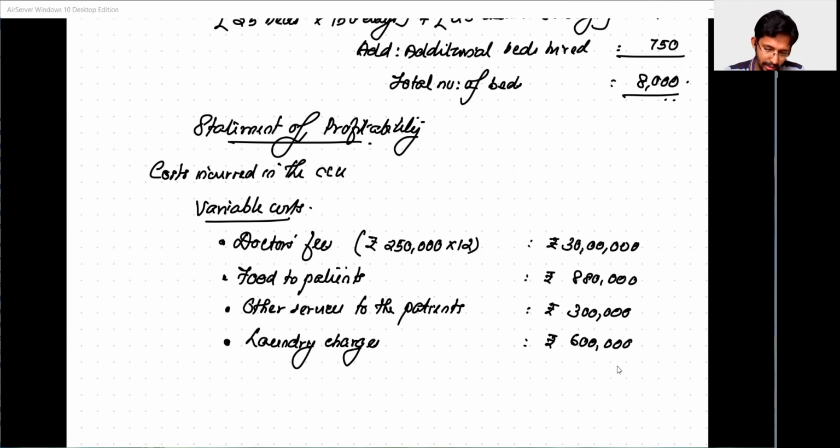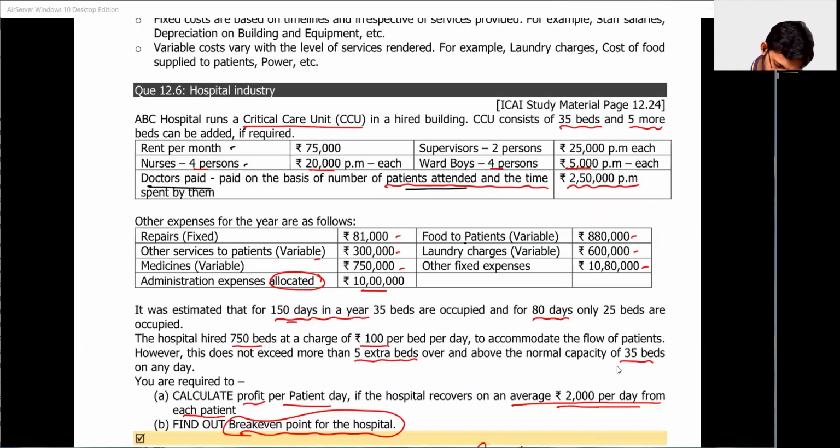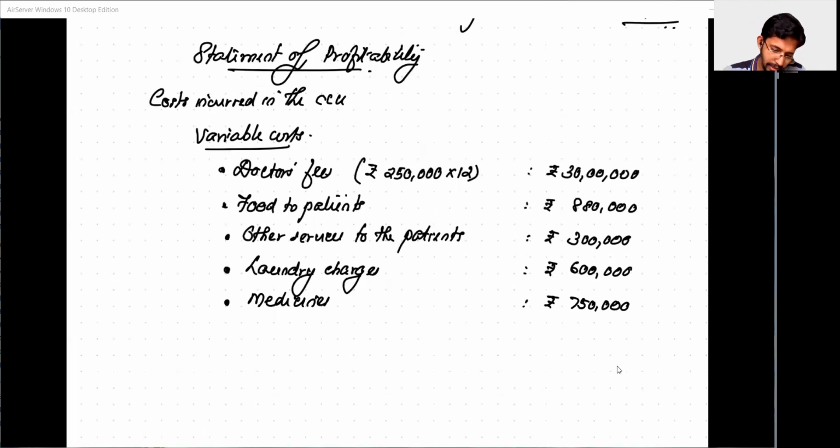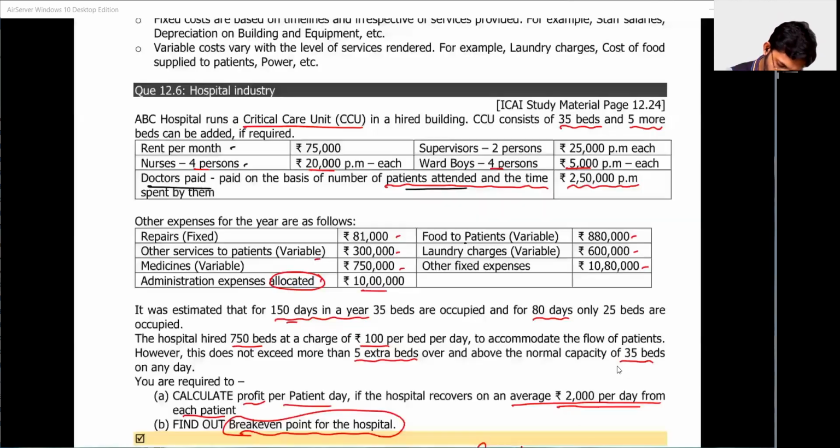Then come to medicines, 7,50,000. Then what else? Administrative allocated, all those things are fixed.